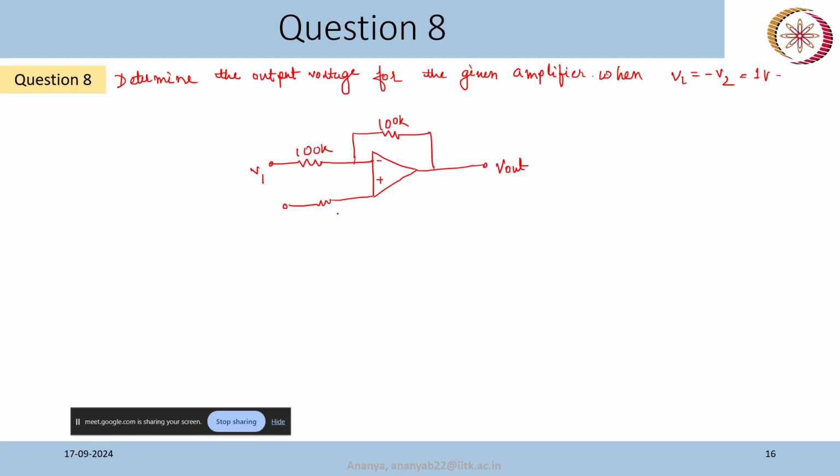At the non-inverting terminal, we are applying voltage V2. This is 20K. This is also 20K. So what is the output voltage for this circuit? You can use KCL and KVL to solve this.